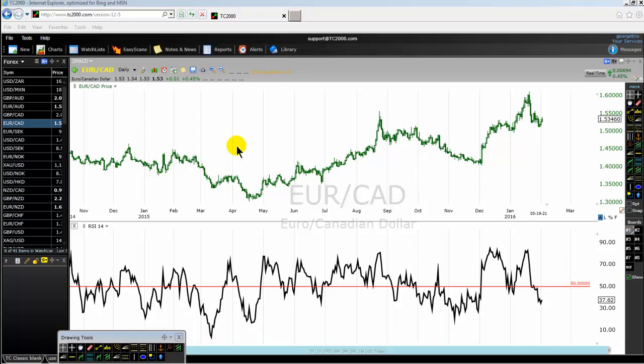Now, the ultimate role of the stochastic indicator is to identify bullish and bearish divergences in the market. That's the ultimate role of the stochastic indicator. Now you see, once you get it, you start using it more efficiently.